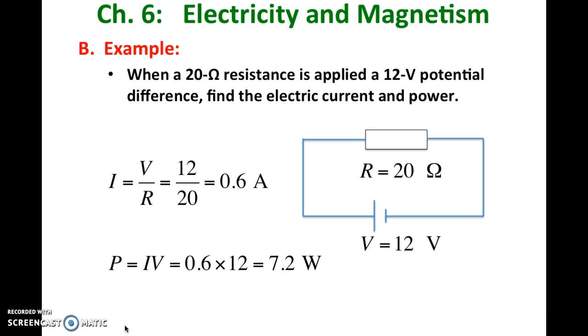Then multiplying the current 0.6 ampere by the voltage 12 volts, we have the electric power equal to I times V equal to 0.6 times 12 equal to 7.2 watts.